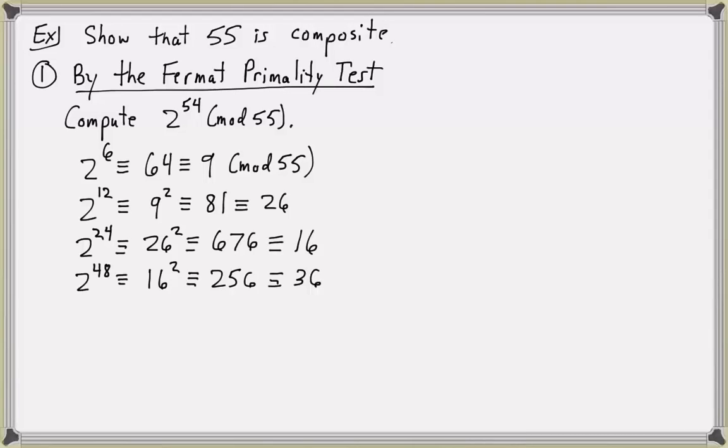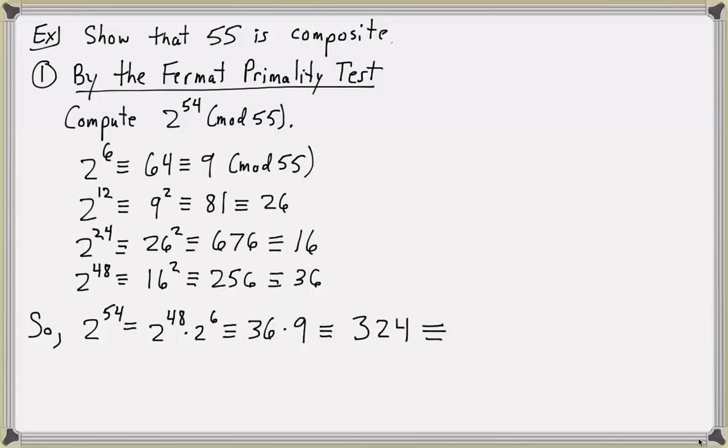So then 2 to the power 54, that just equals 2 to the power 48 times 2 to the power 6. Well, 2 to the power 48 we know is congruent to 36, and 2 to the power 6 is congruent to 9, which equals 324.